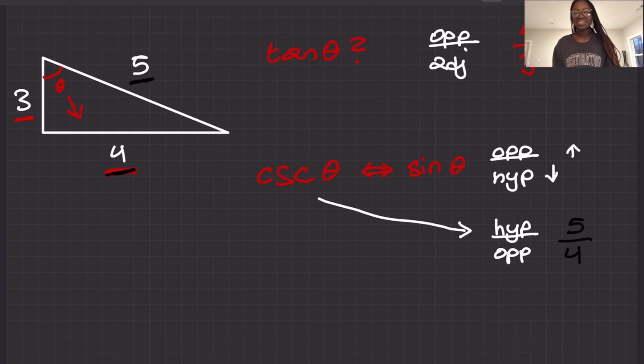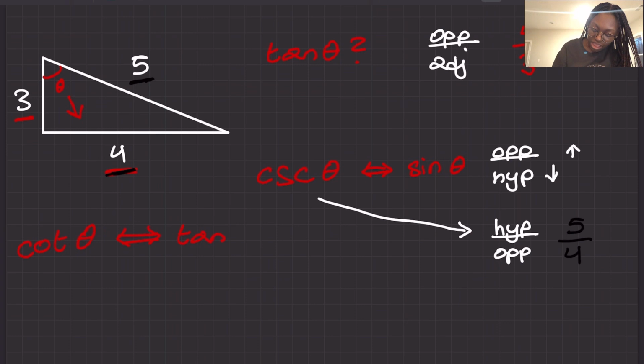Okay, so that's basically it. And then of course, this rule works with all 6 of the trig identities as long as you can just recognize what they are and you'll be able to do it. Let's try one more for good measure. Let's try cotangent. Cotangent of theta, remember, cotangent is opposite of tangent.